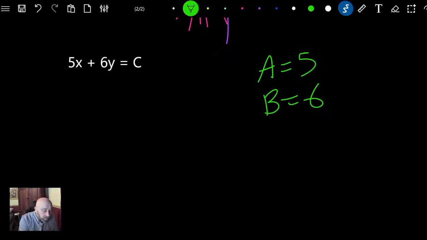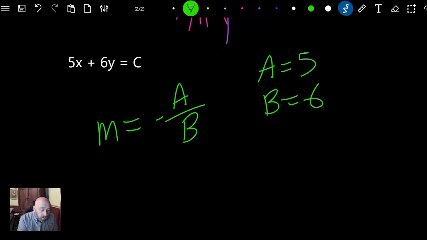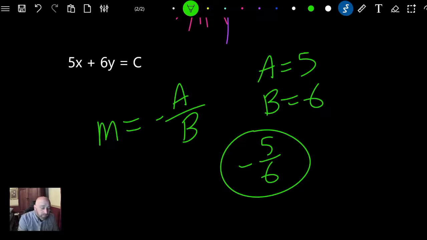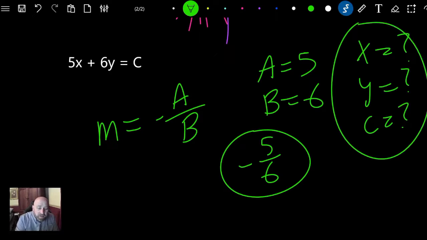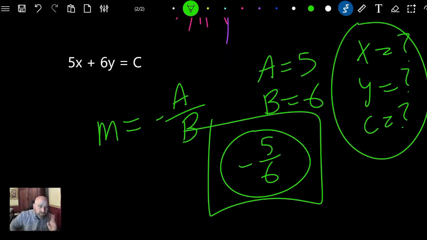Well, the one thing that we do know about this is that m equals negative a over b. So we know that all of these lines are going to have a slope of negative 5 over 6. In other words, anything that we put in for x, y, and c is not going to change the fact that we have a negative 5 over 6 slope.